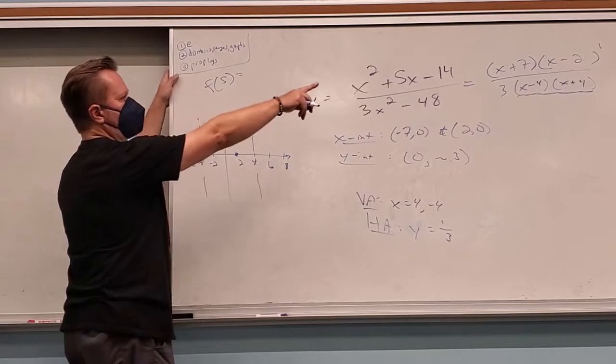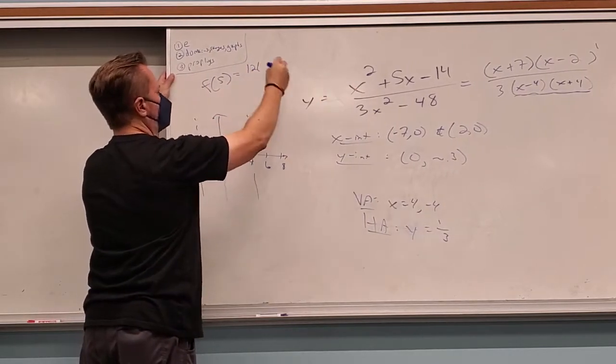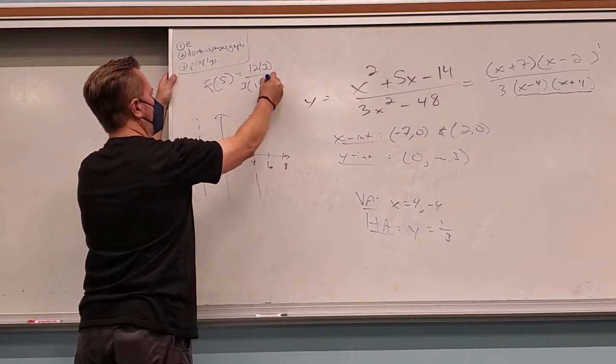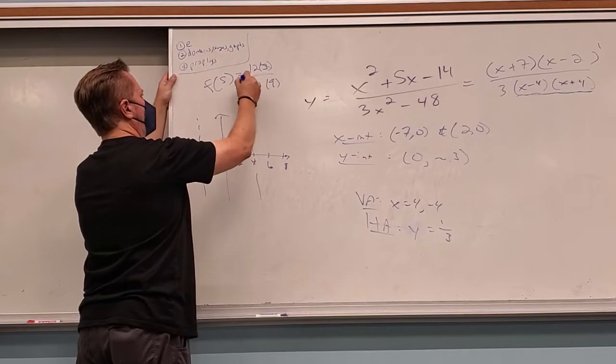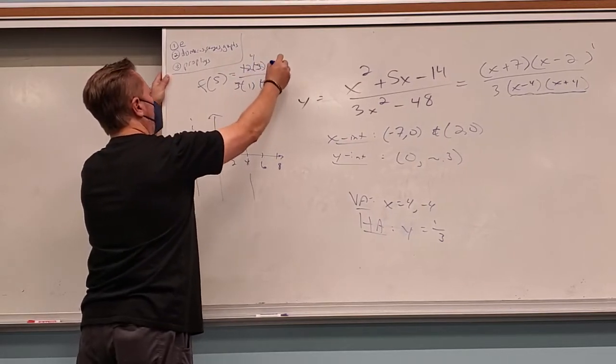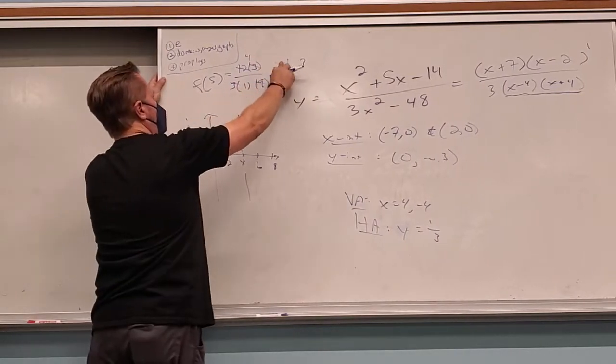So if I put a 5 in, I'm going to do 12 times 3 over 3 times 1 times 9. See, the 3's cancel. 12 divided by 9, 3 goes into those, so that's about 4/3. It's about 1.3 roughly. Make that an approximate.